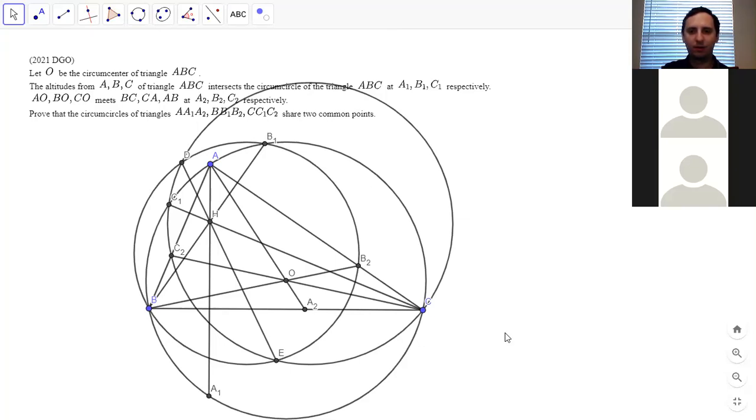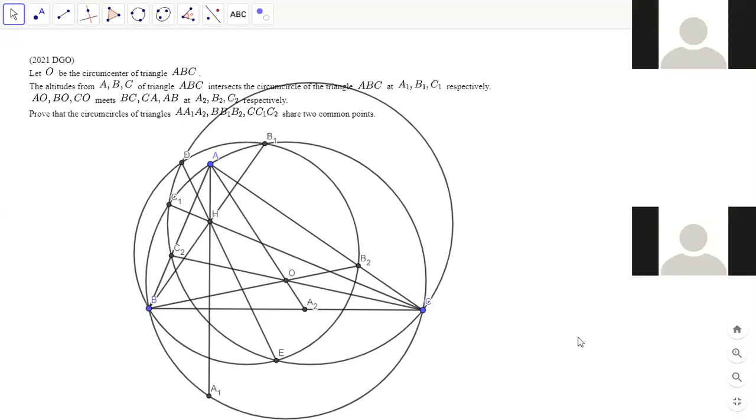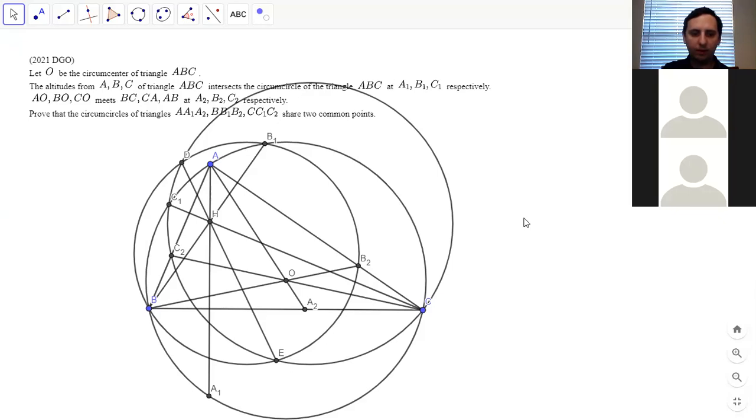So okay, we want to show D, E, A2 is, or D, A, A2, A1 is cyclic. What angles can we calculate? We know angle A1 A2.